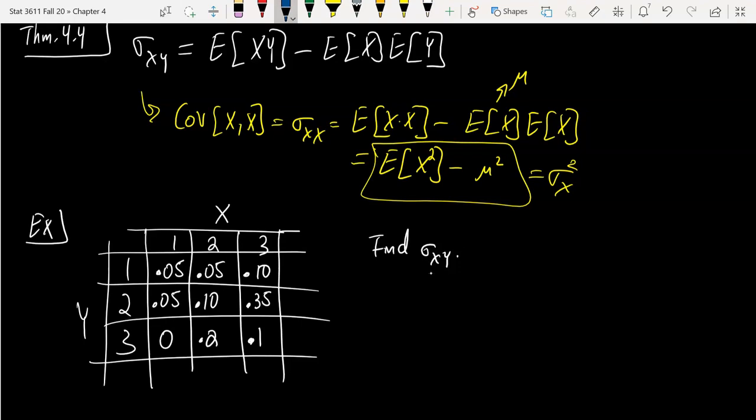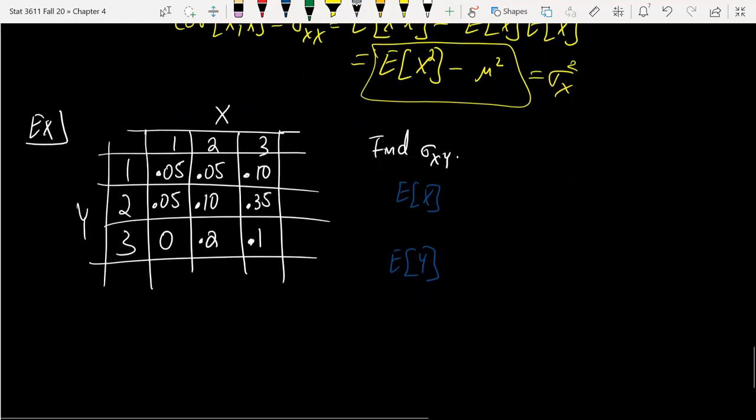We need the expected value of x from this formula, the expected value of y, and then the expected value of x times y as well. So why don't you go ahead and see if you can get those when you're ready to come back. And then we'll go over the numbers and the answer in the next video.